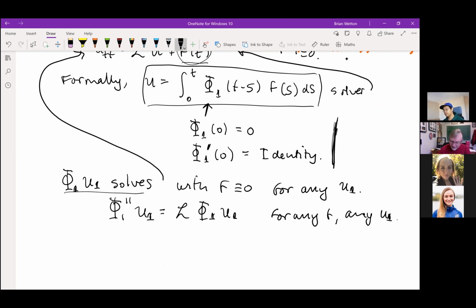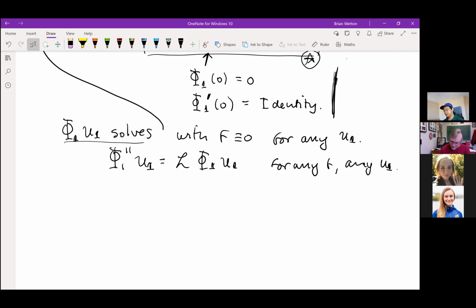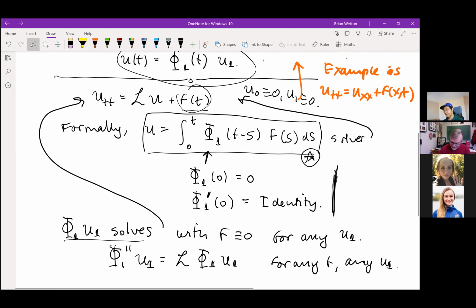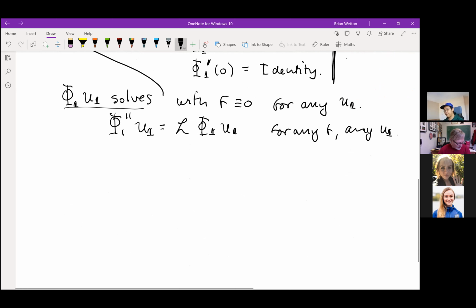Again, I'd love to have more blackboards, but write this down on a little sticky somewhere. This is the thing I say is going to solve my forcing problem. So I've got to show that it has 0 initial conditions, that the time derivative initially is 0, and that if I take 2 time derivatives, it's going to be L times this thing plus F. Okay, so let's go through.